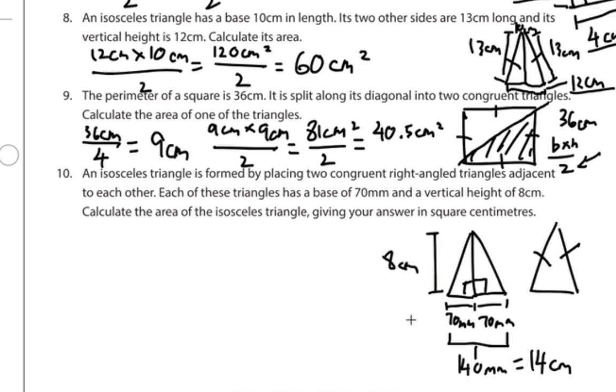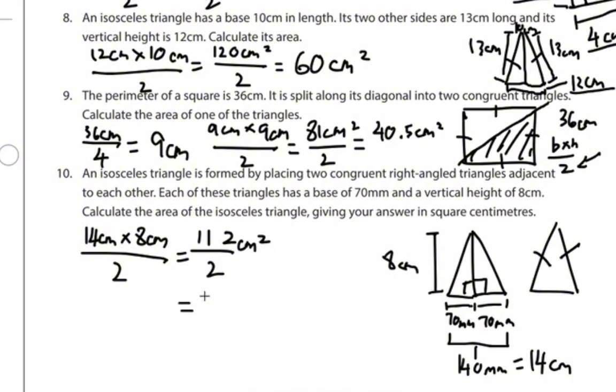So now we can just use these two measurements and find the area of this isosceles triangle. So we will take 14 cm multiplied with 8 cm over 2, which we will get 112 cm squared over 2, and our answer will be 56 cm squared. And that will be our answer for question 10.